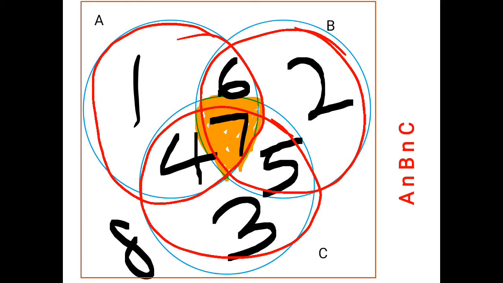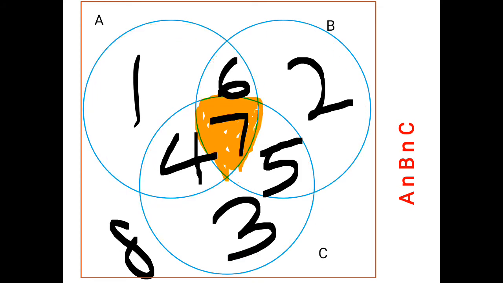So region 7 is A intersection B intersection C. It is the intersection of all 3 circles. That is mathematically. All right.